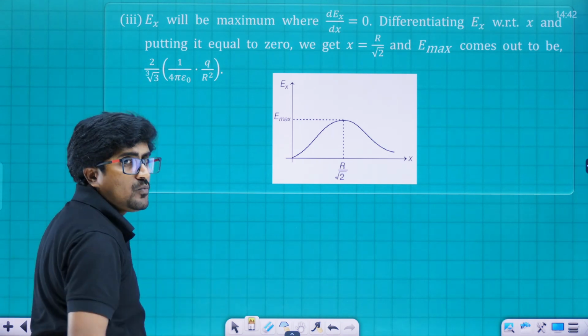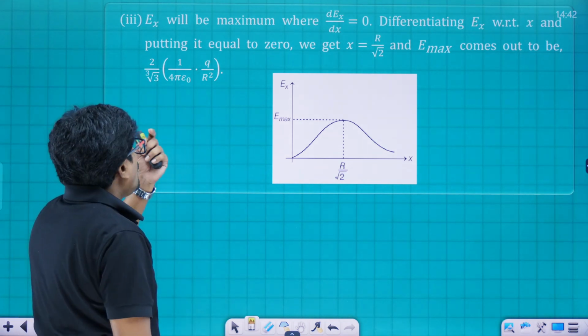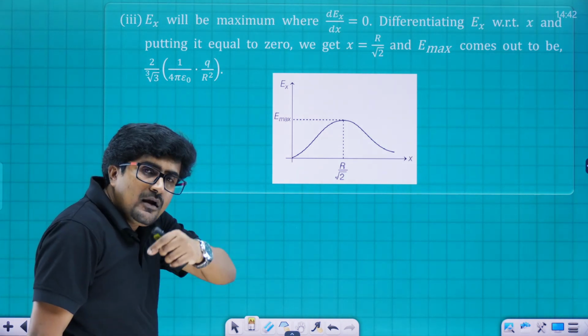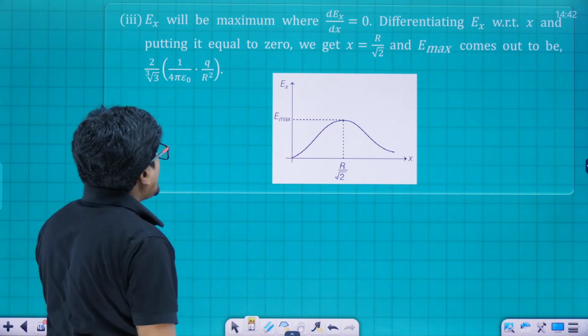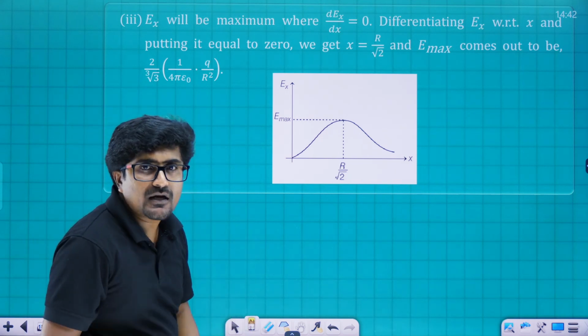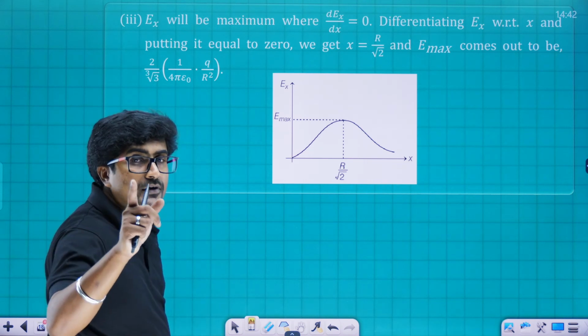And comes the third one, where the electric field is maximum for a ring of radius capital R and charge small letter q.